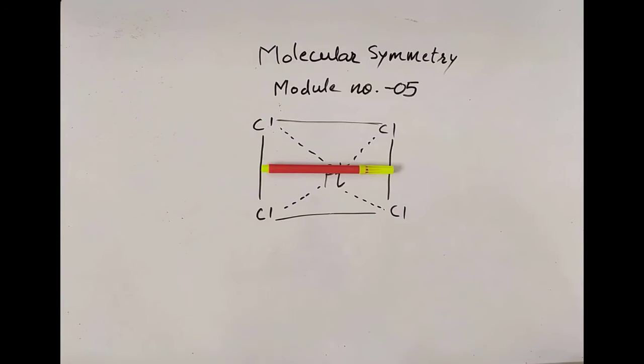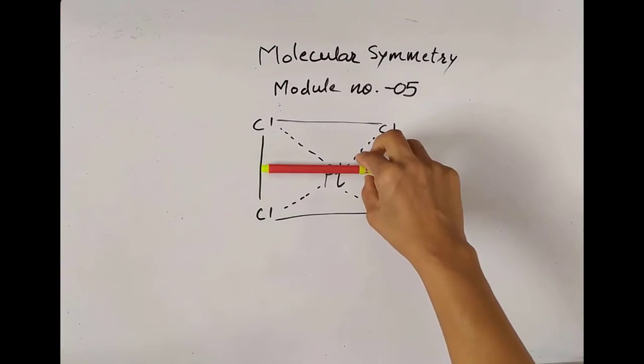What are the other ways we can pass the plane? I have already told you that if a molecule contains C2, then from the same place where we have passed the C2, we will definitely get the mirror image also.